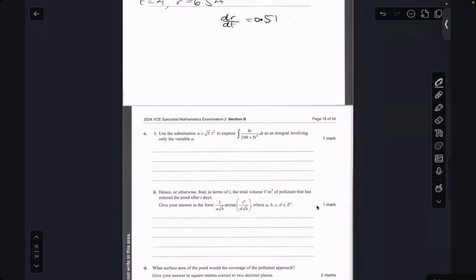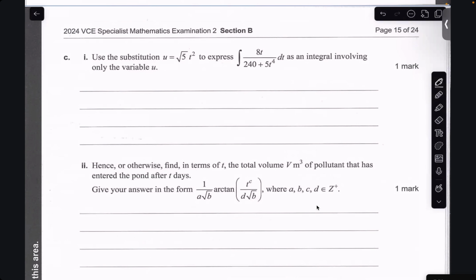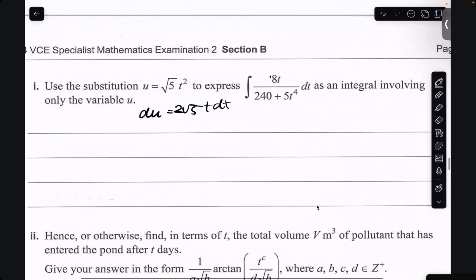That's tricky. Use the suitable substitution u is equal to root 5 t squared to express that as an integral involving only the variable u. Okay, so u is root 5 t squared, du is 2 root 5 t dt. Now if I put 4 on the outside and then over root 5, this multiplies still to be 8t.